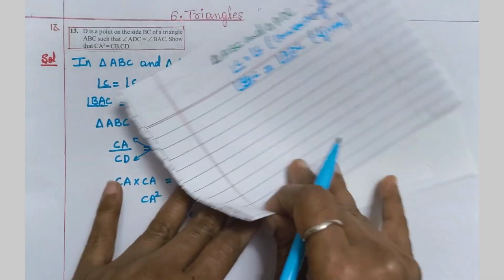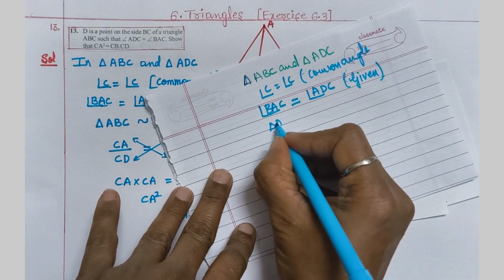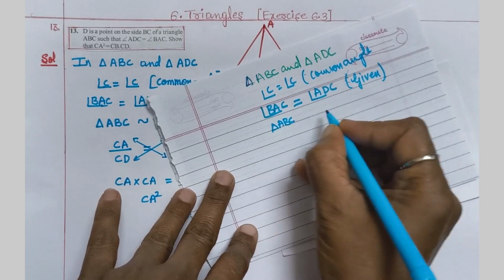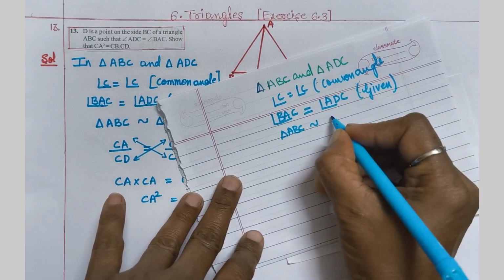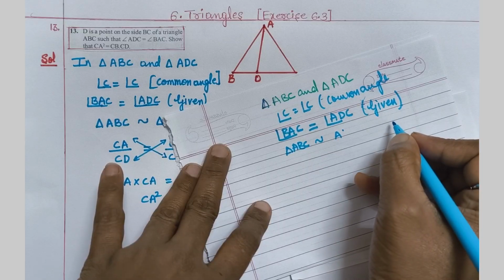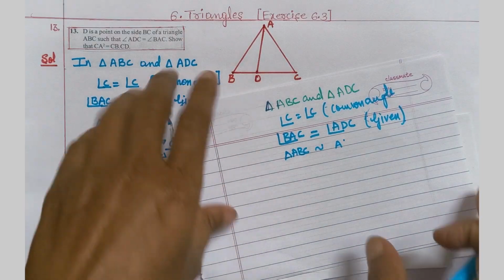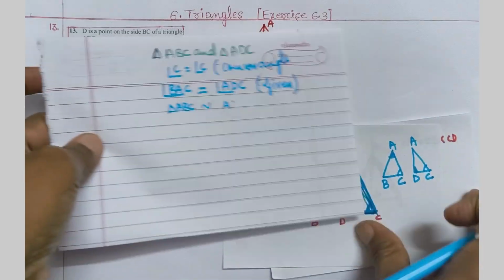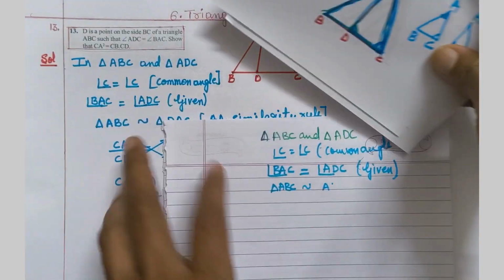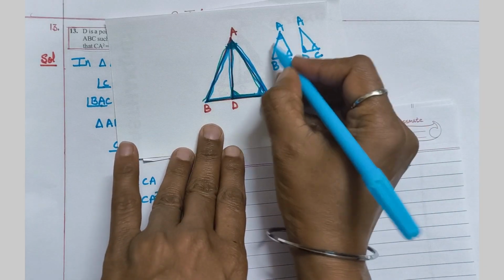Now we will write triangle ABC similar to triangle... which one? C is the common angle. See here, writing carefully, we will write ABC similar to, try to understand this concept better.